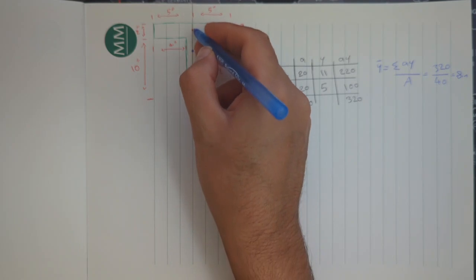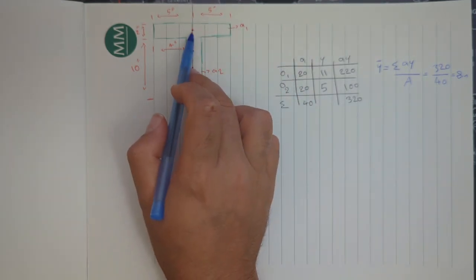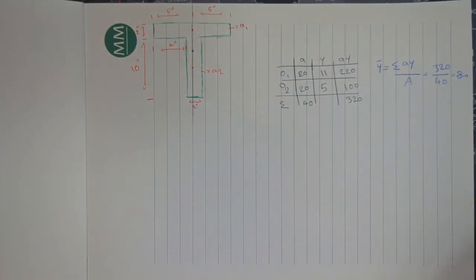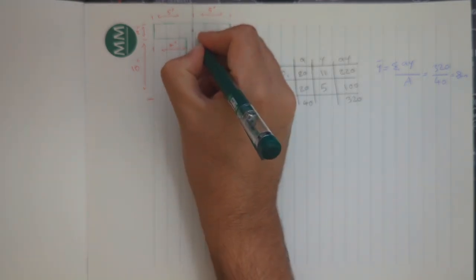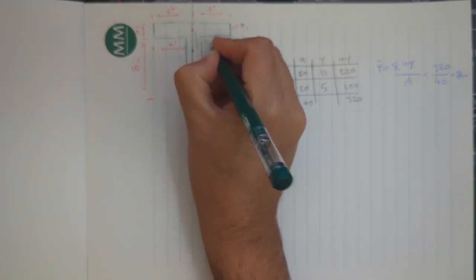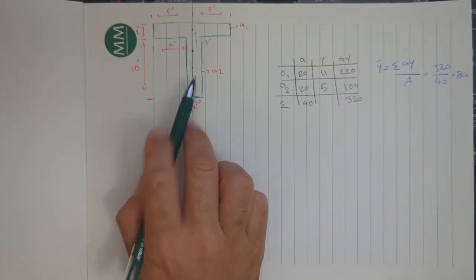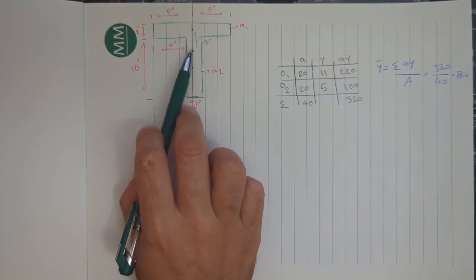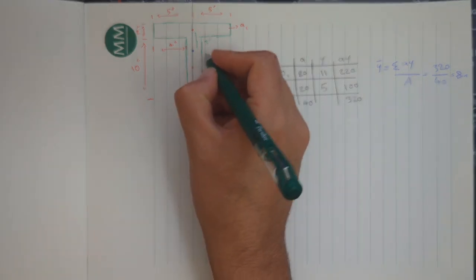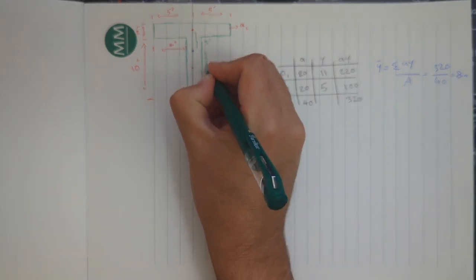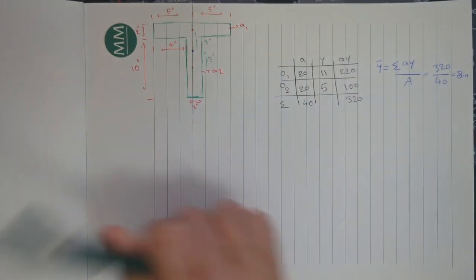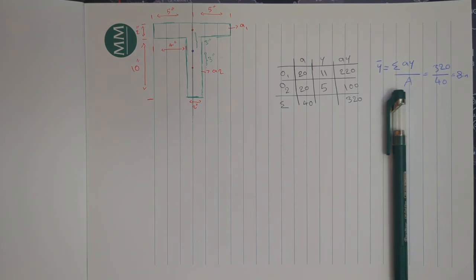So d1, the distance between the centroid of object 1 to the centroid of the whole shape, is 3 inches, and d2, the distance between the centroid of object 2 to the centroid of the whole shape, is actually 3 inches too, right?